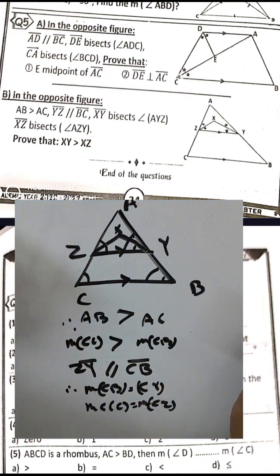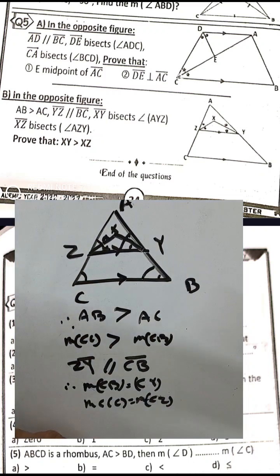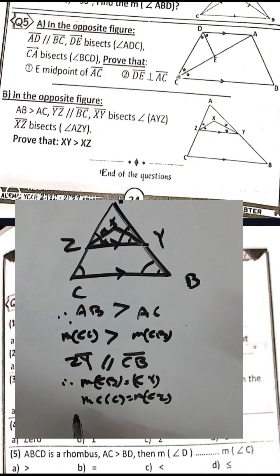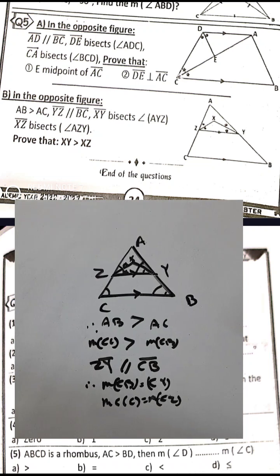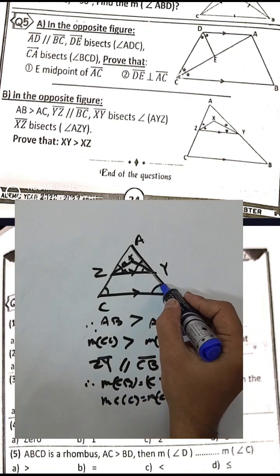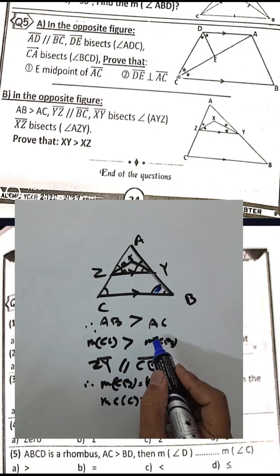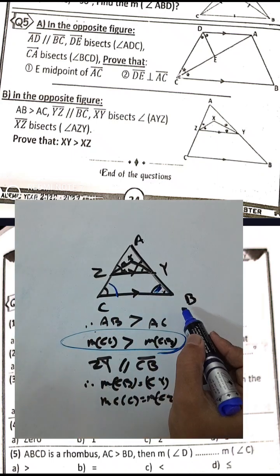And we have bisect, this bisect angle is bisect angle, and then you can divide it by 2. Relation 1 and relation 2, measure of angle C greater than B.